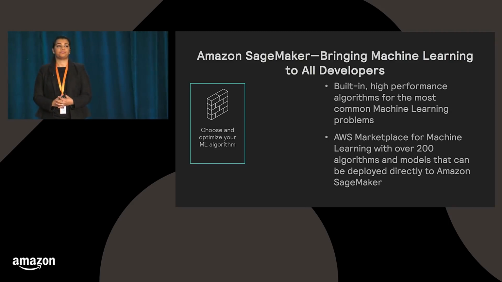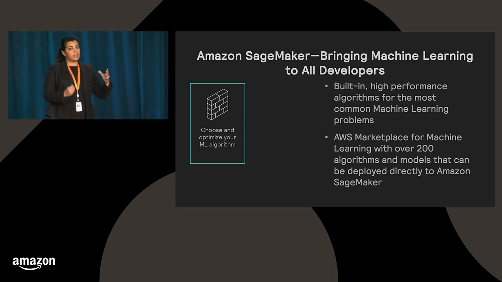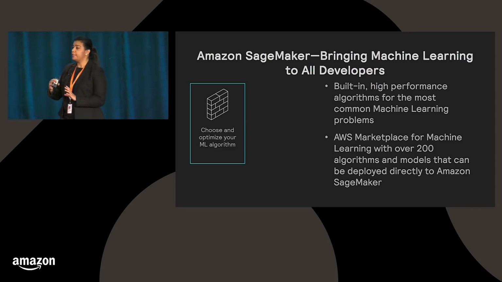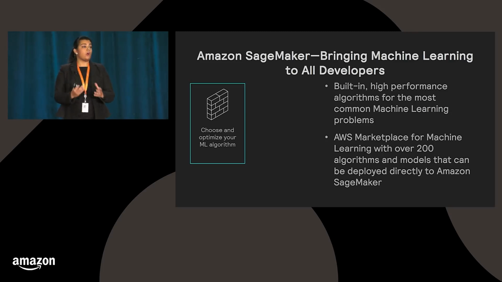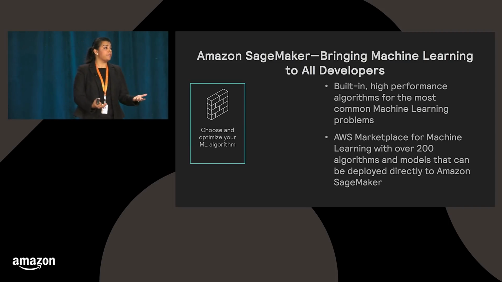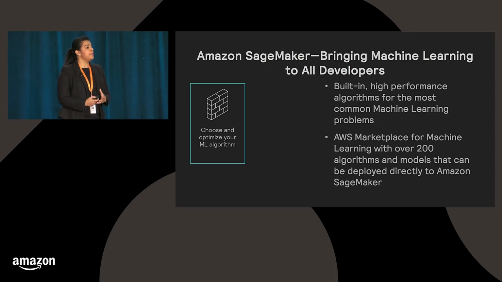Earlier, I talked about how we provide access to different types of machine learning and deep learning frameworks. Those are also available in SageMaker. So you can use MXNet, TensorFlow, PyTorch, scikit-learn, Chainer, or another machine learning framework that you like, and run it in SageMaker.